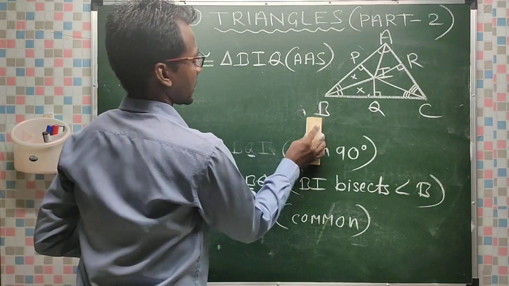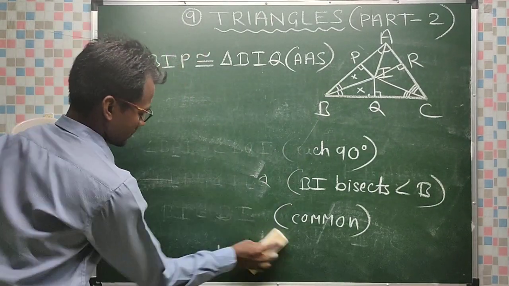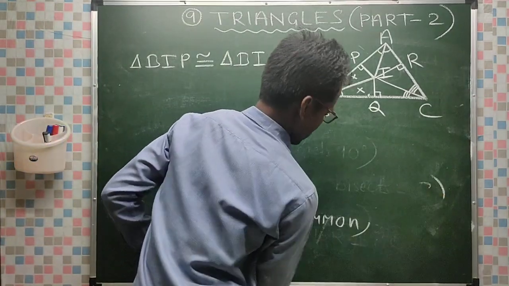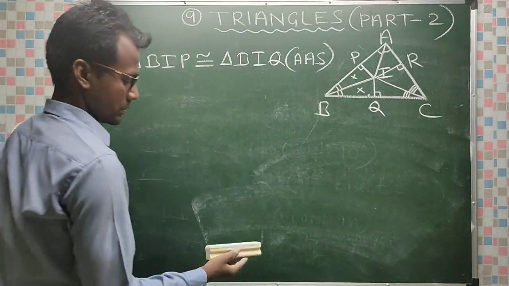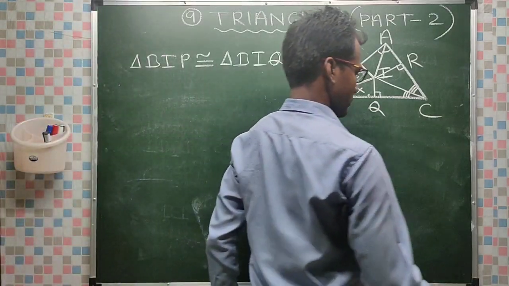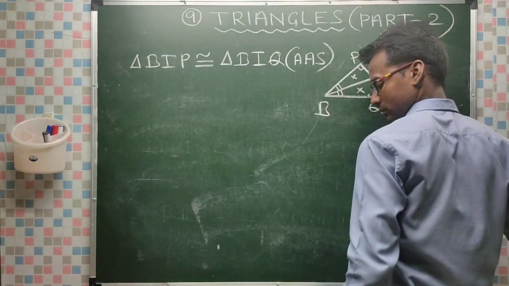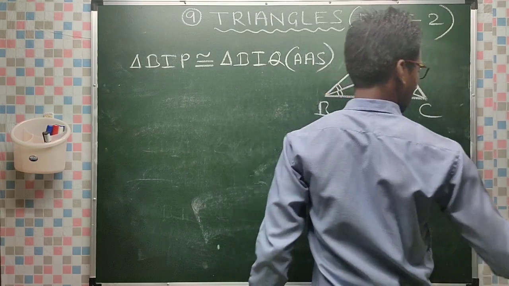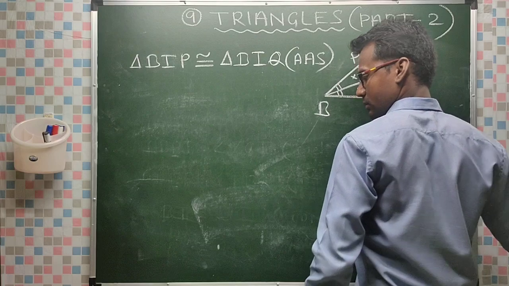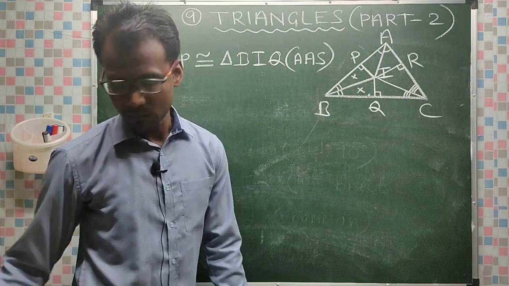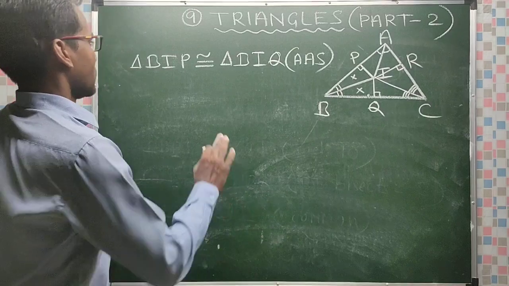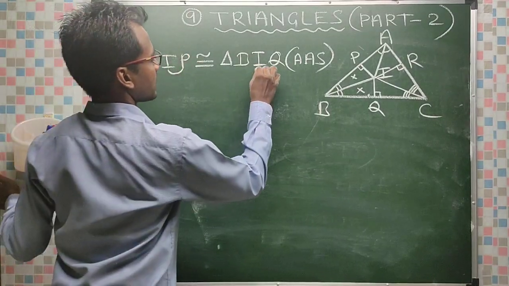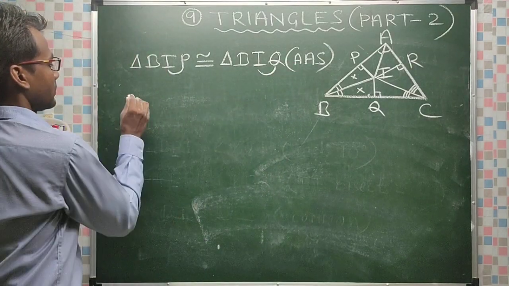After this, we don't need this. So from this we can get IP is equal to IQ. This is our target.